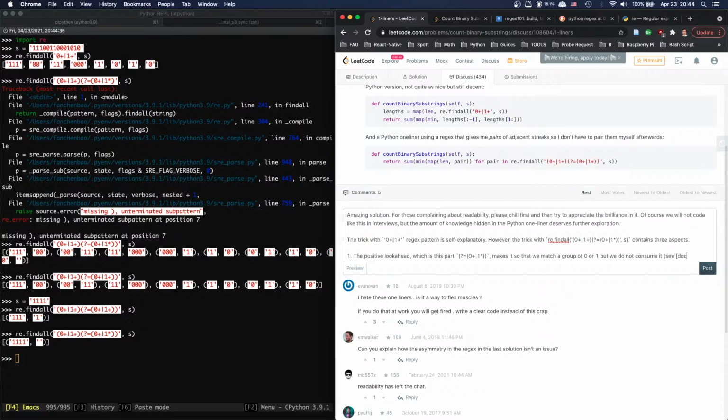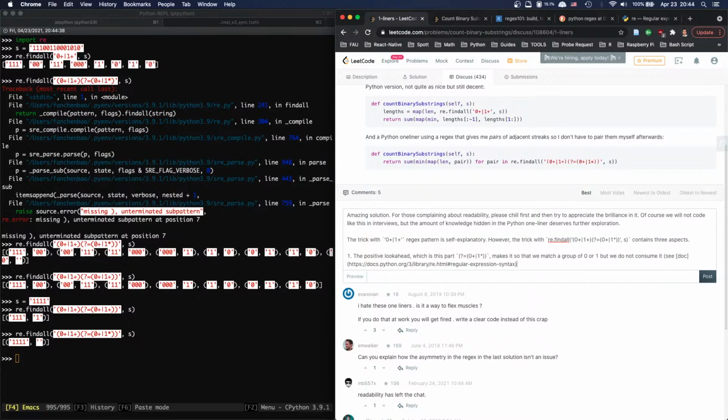This way, we can match groups of 0 or 1 in consecutive pairs.